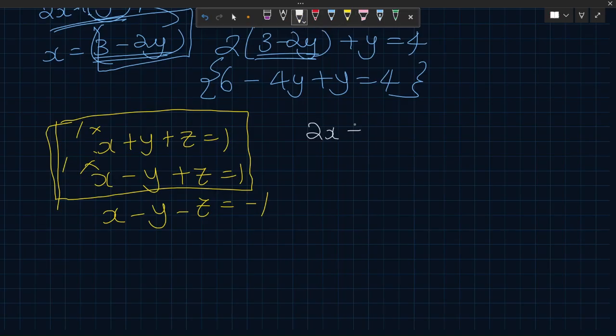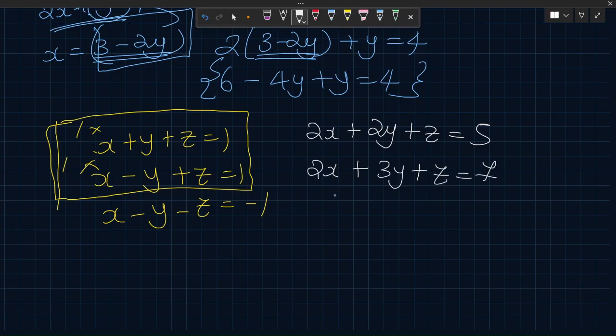Say 2x plus 2y plus z is 5. Let's say 2x plus 3y plus z is 7. And let's say x plus y plus 5z is 9. So these three equations, what you can do is, because the coefficients are the same, you can subtract these two equations.